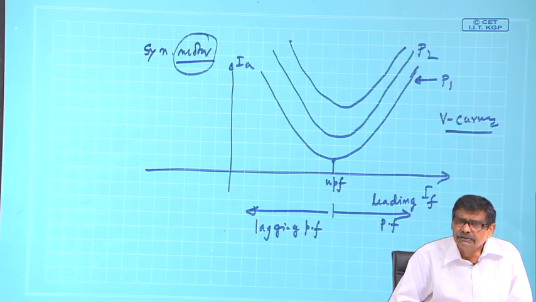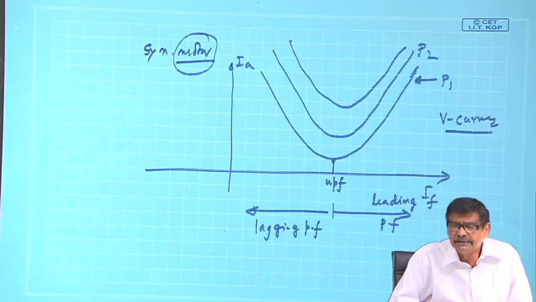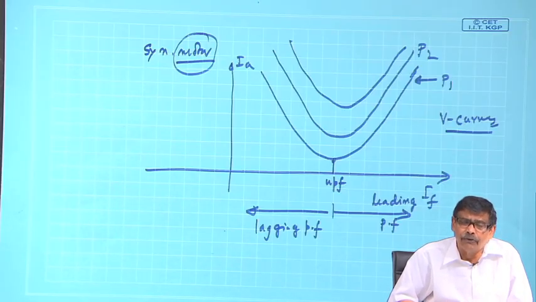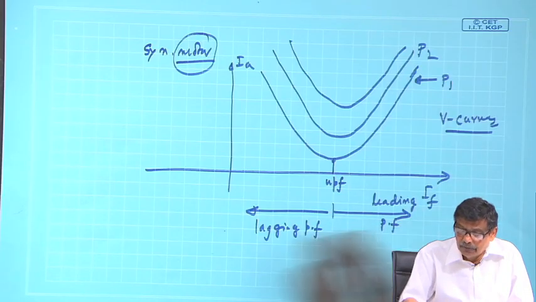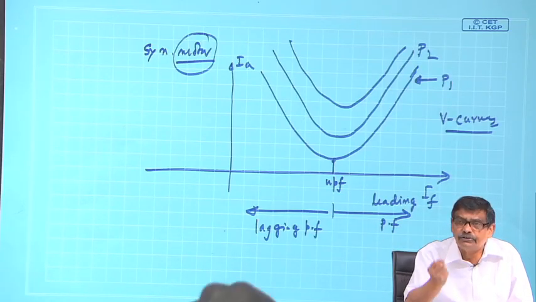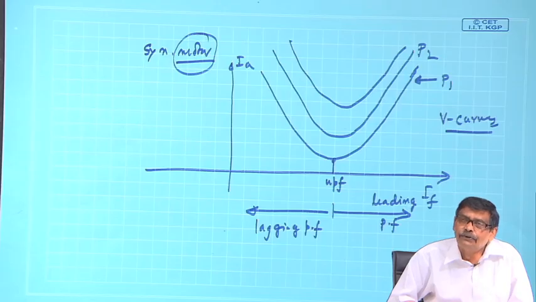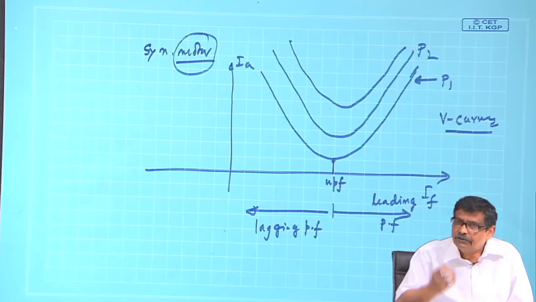So, in earlier days, an overexcited synchronous motor was considered to be like a capacitor, that is a motor operating under over excited condition will always draw leading current.